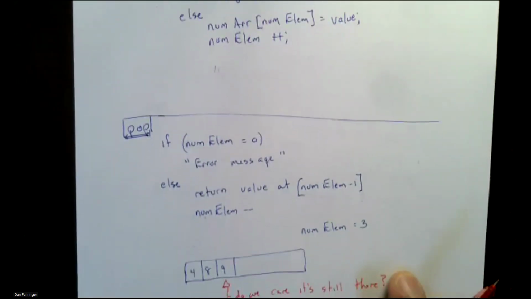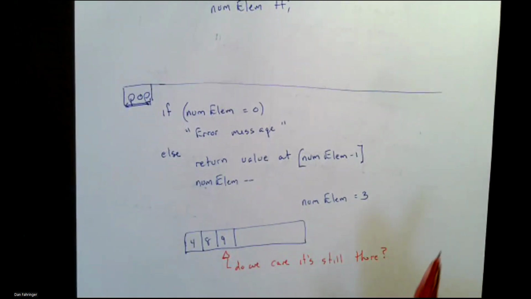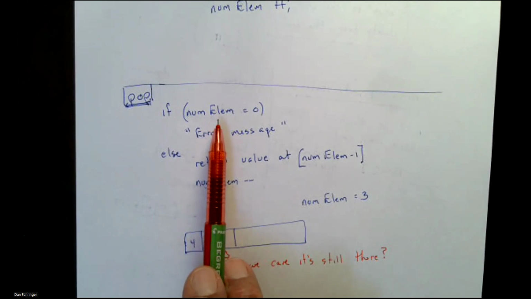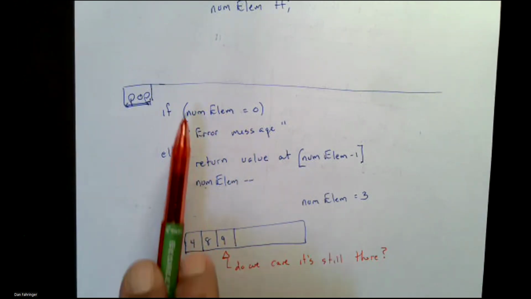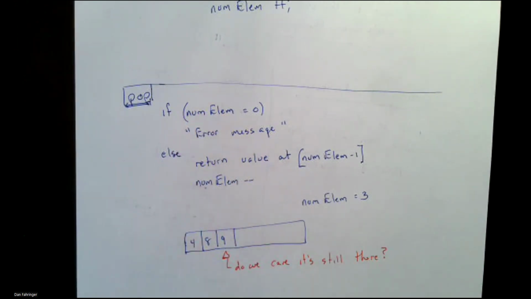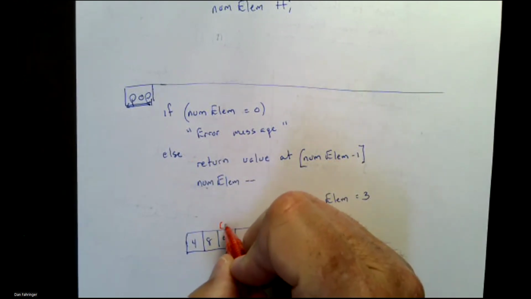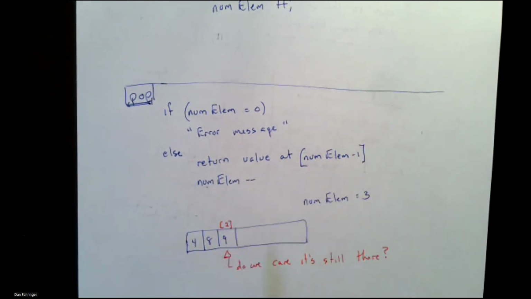All right. What if I wanted to pop? Again, the first thing I did was draw an array. If it's empty, that was one of my cases. Hey, there's nothing to pop. So again, my pseudocode. Now return the value at, so here's three elements, and I want to return this value that is at 2.